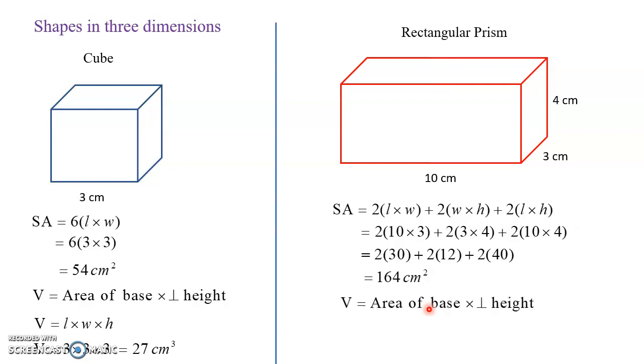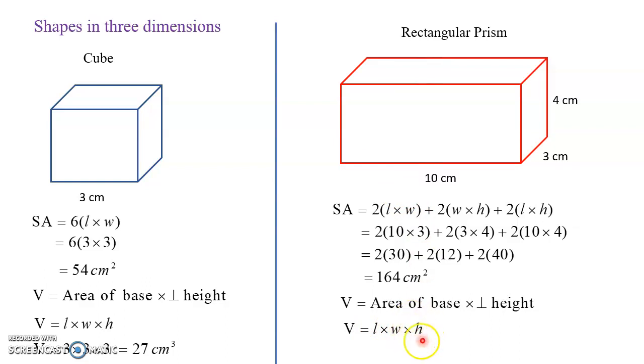What if you were asked to calculate the volume? Remember, volume is always the area of the base multiplied by the perpendicular height. This is a rectangular prism named after its base. The base could be the one at the bottom. So if I have to calculate the area of the base, it's the length multiplied by the width.